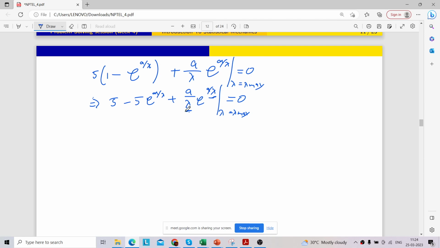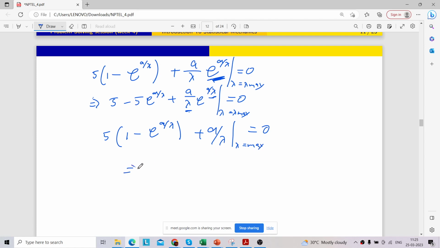Okay, maybe I did some mistake. I should not be getting this term. Okay, you can check by yourself later. So let me proceed with this. 5 into 1 minus e to the power a over lambda plus a over lambda equal to 0, lambda equal to lambda max.